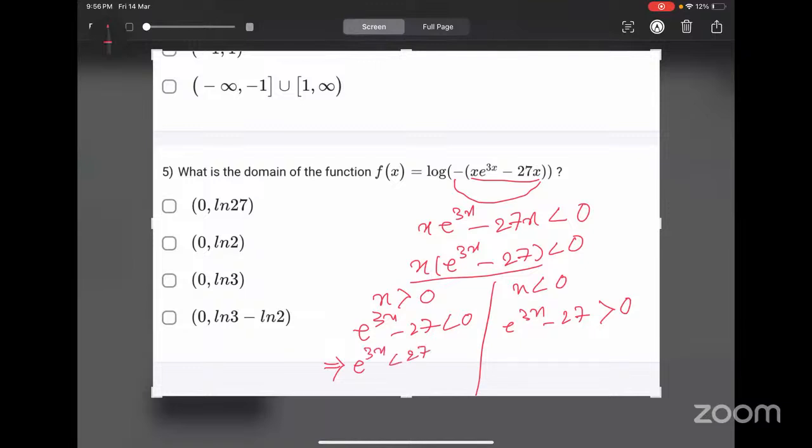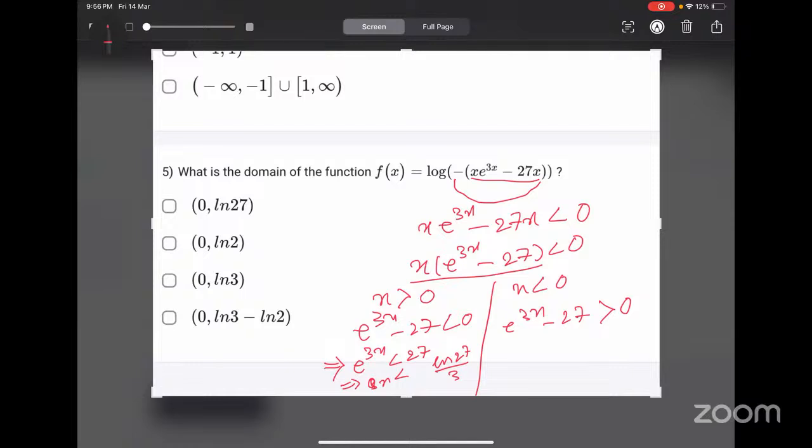Now 3x will become ln of 27, right? So x is ln of 27 by 3.